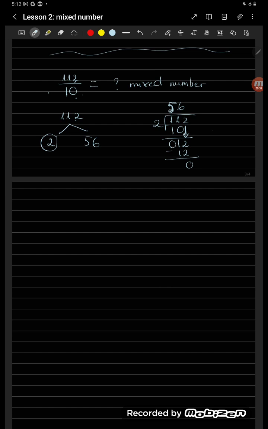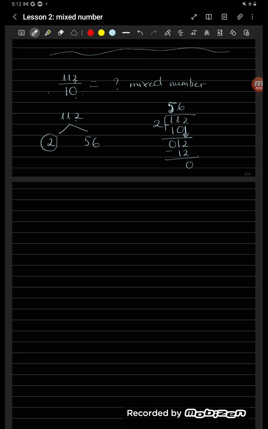Now you ask yourself, is 56 a prime number or not? If it is not a prime number, then you must continue.